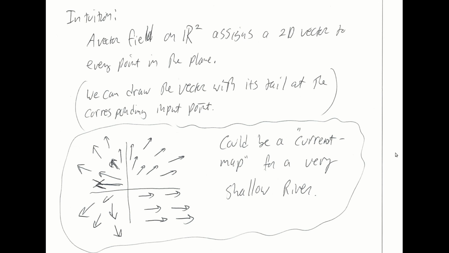And we can draw these output vectors with their tail sitting at the point where that was the input value that gave rise to them. So if I pick any point in the plane here, and we will do some examples, I could plug this point in the plane into my vector field. It would give me back a vector as output, and then I draw that vector here with its tail anchored at its associated input point, the point that gave rise to it.